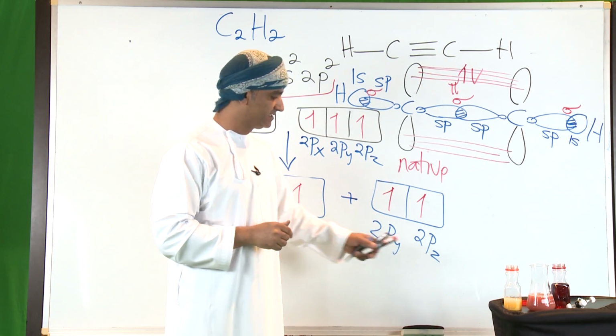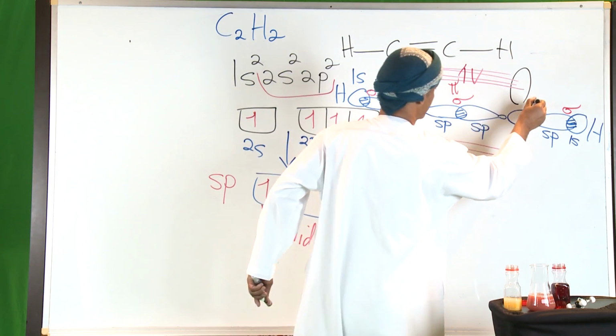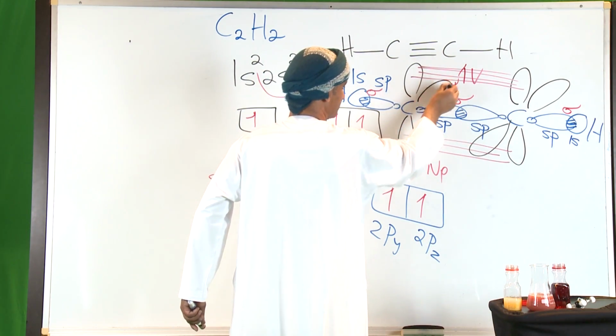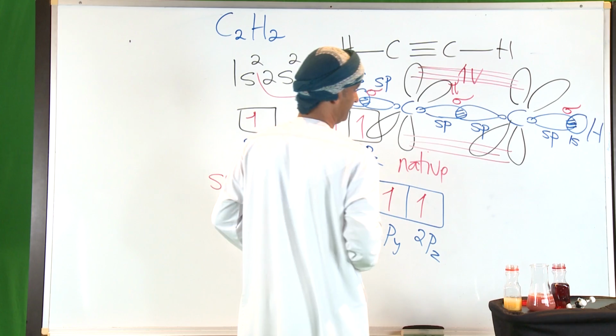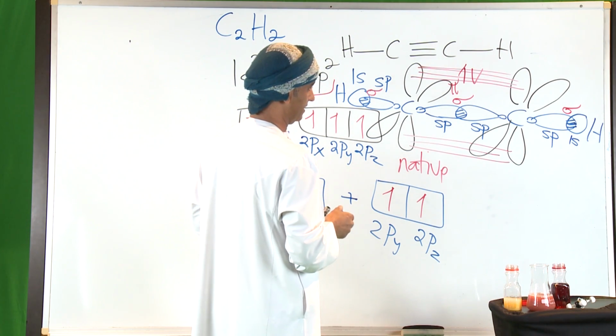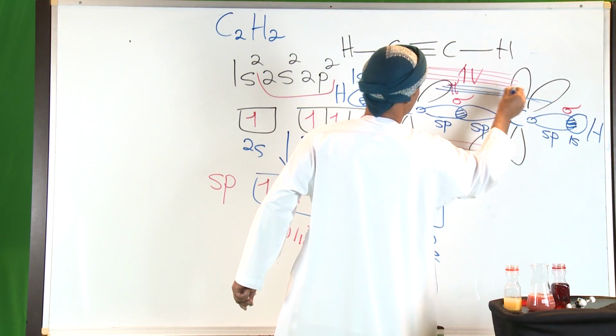Now, the 2pz, the orientation of the p orbital is along the z axis. Something like that should represent the 2pz on that carbon, and this should be the 2pz from the other carbon. And again, the electrons in these orbitals also get shared by the two atoms.